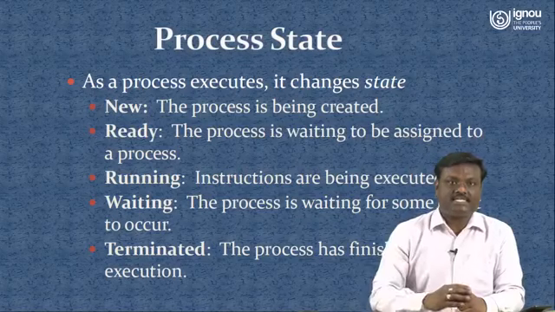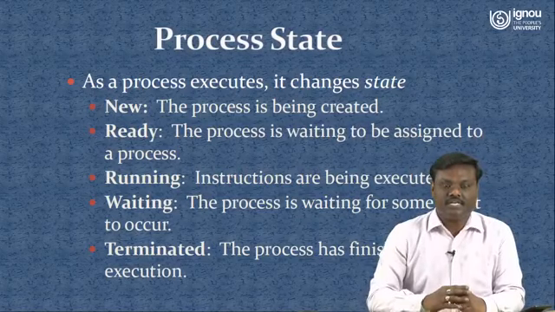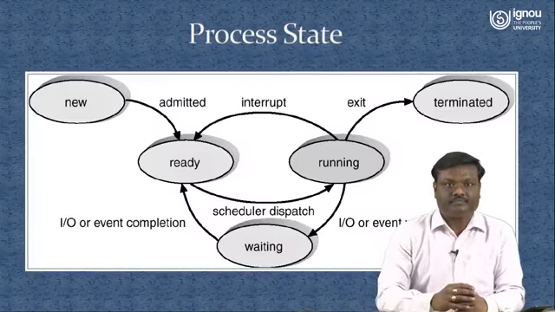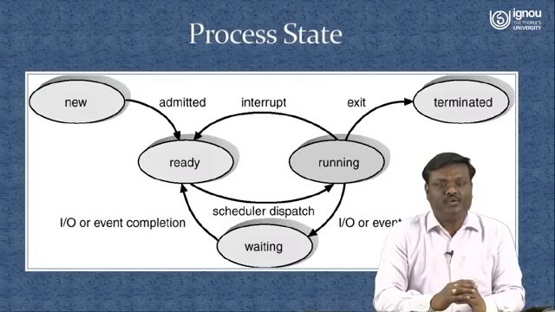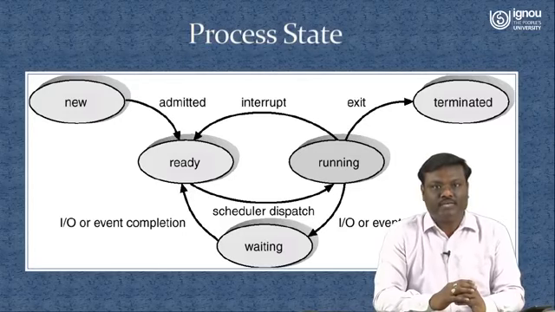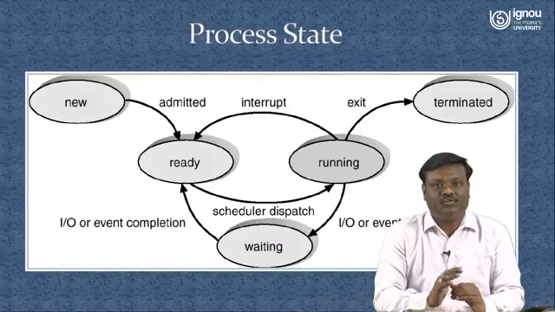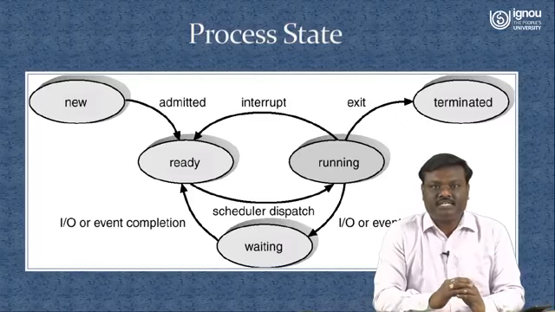Let us see the same process states with the help of a diagram. You can see the new state; when processes are admitted, they come into the ready state. When the CPU is attached, they go to the running state.